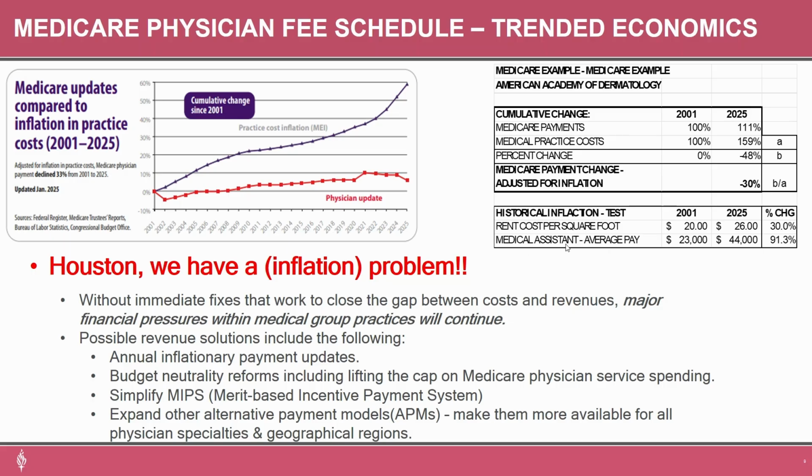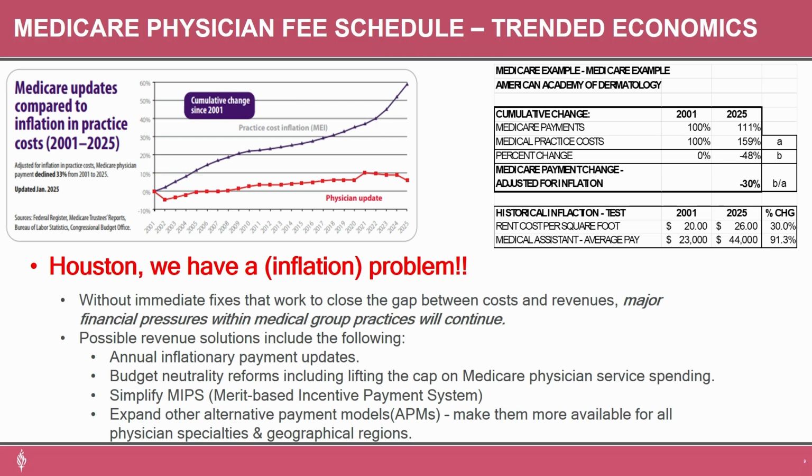Medical assistant pay, which is prevalent in most medical practices. Medical assistants had an average pay of $23,000 in 2001. That has ballooned to $44,000 in 2025, and that represents a cumulative price increase of 91.3%.